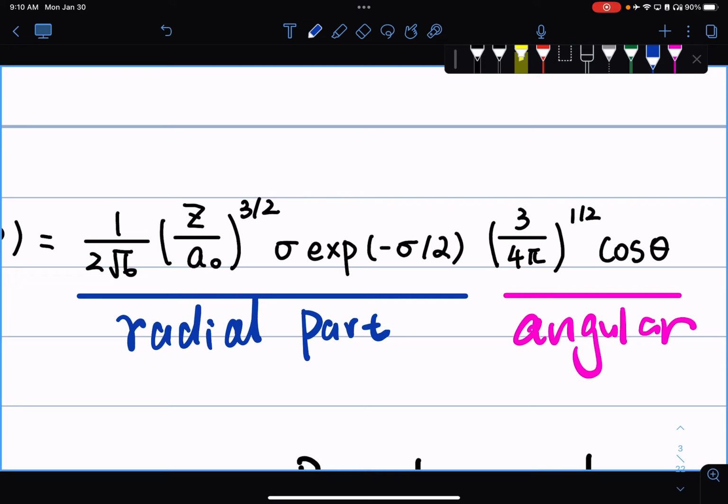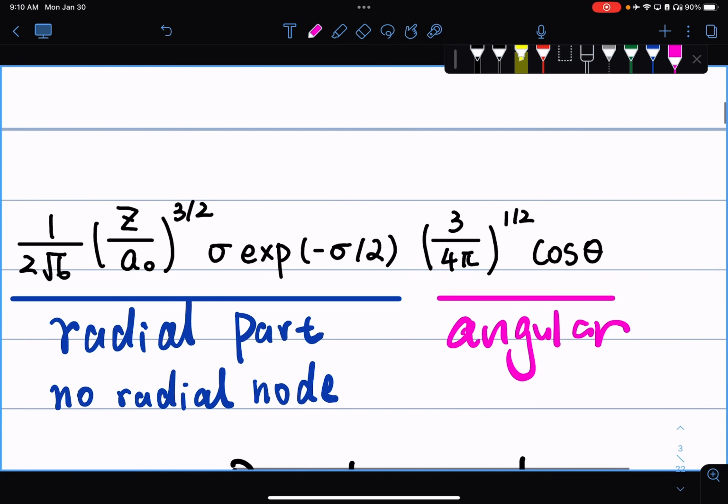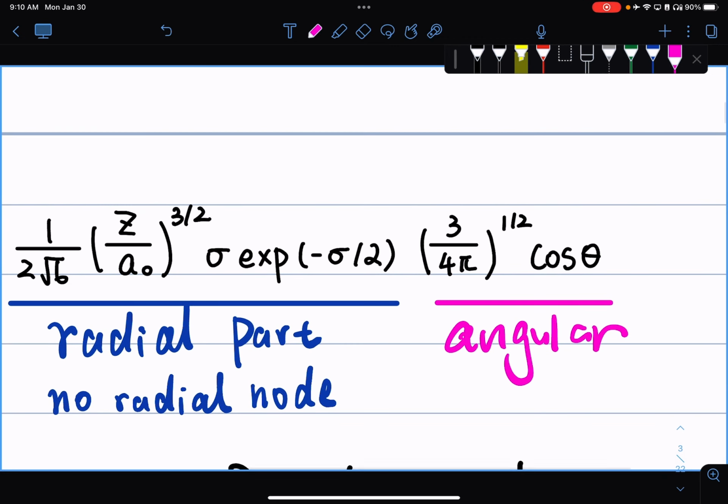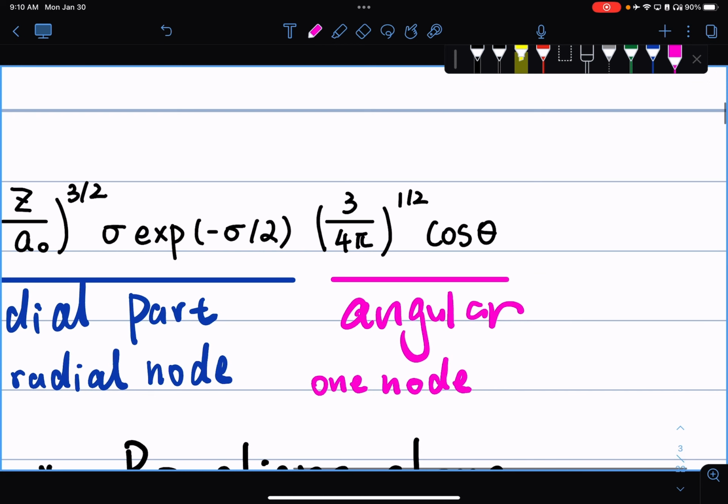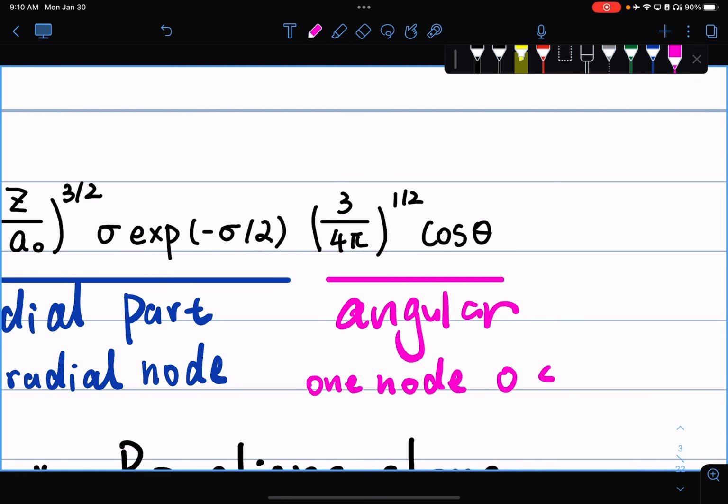This is just an exponential that's going down. However, for the angular part, we have a cosine function, and we have 1 node. Let's say theta is by definition 0 to 180 degrees.